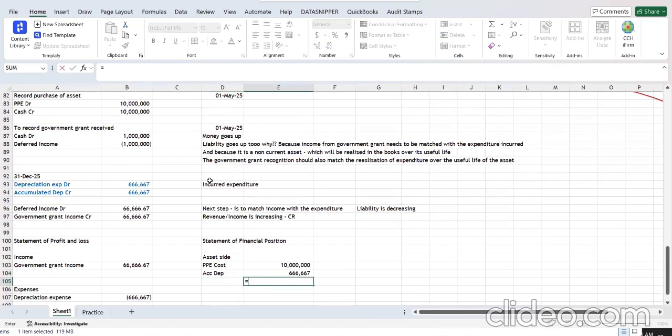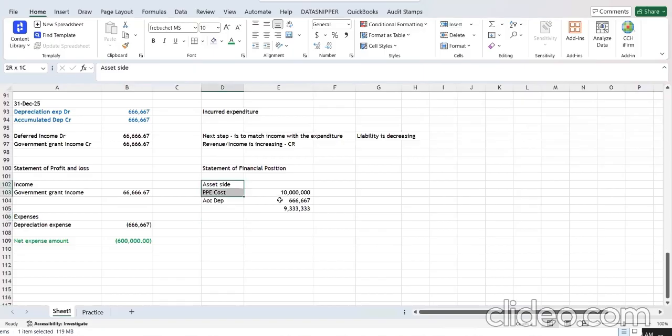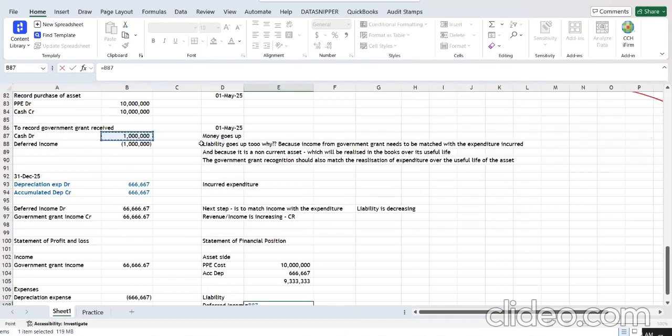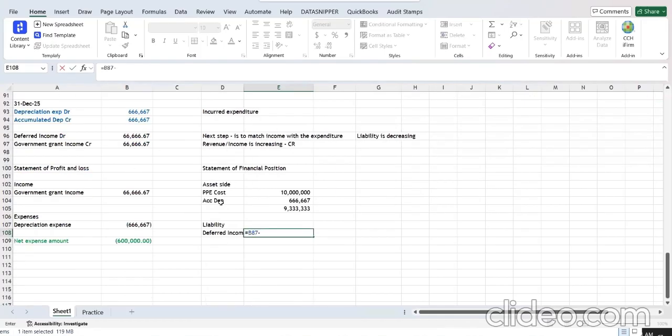So my net book value on my asset side would be this much, and on the liability side, my deferred income would be how much? It would be 1 million minus the amount that I have recorded in my statement of profit and loss, this much.